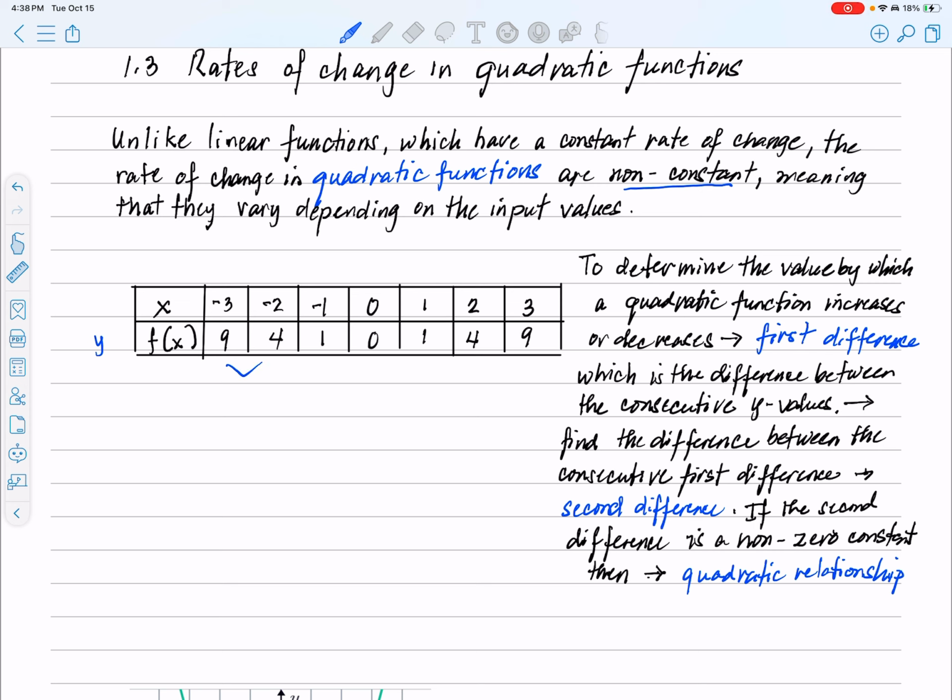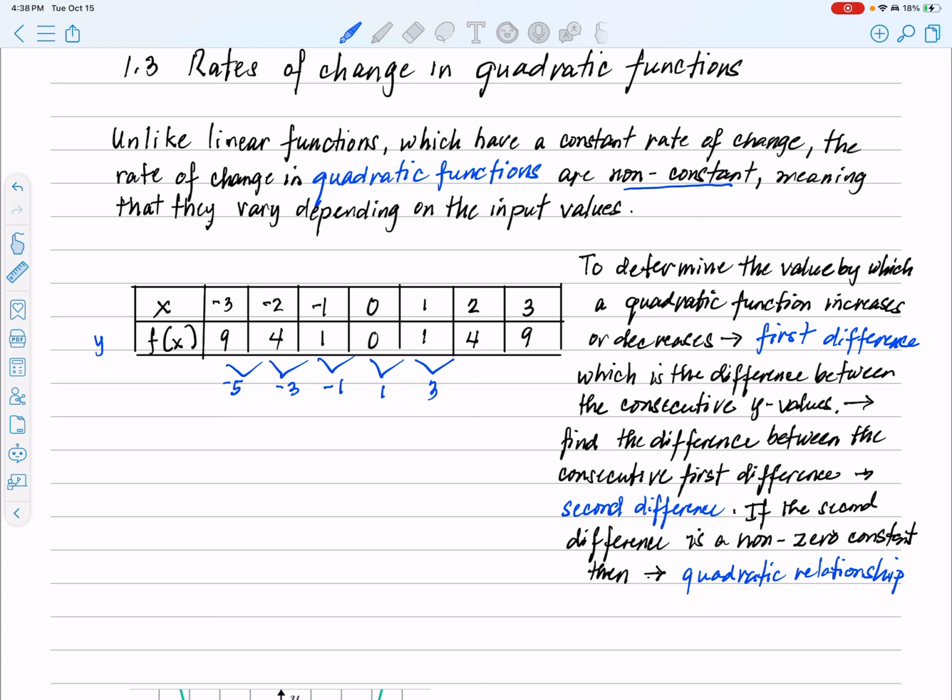All right, I start. The difference between 9 and 4, that means 4 minus 9, you have a negative 5. Between 4 and 1, meaning 1 minus 4, you have a difference of negative 3. Then 0 minus 1, you have a difference of negative 1. 1 minus 0, that's 1. 4 minus 1, that is 3.